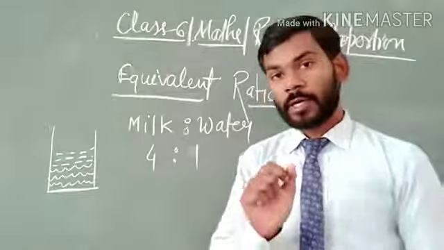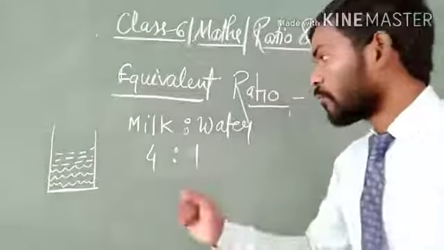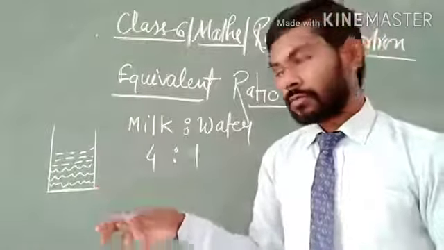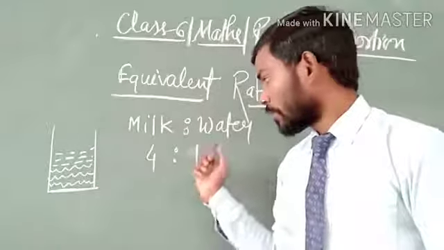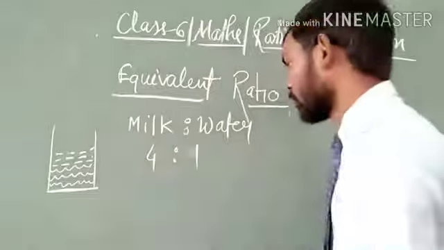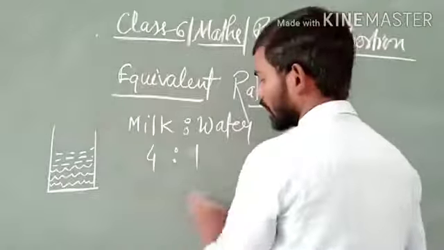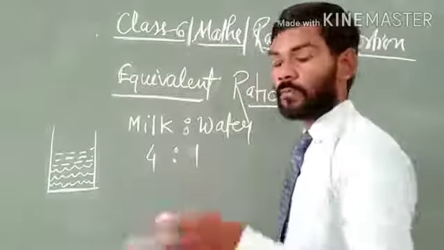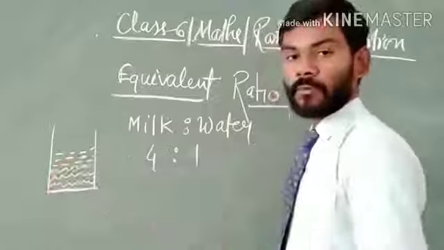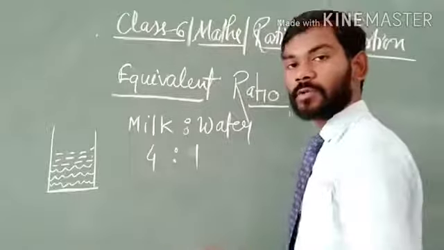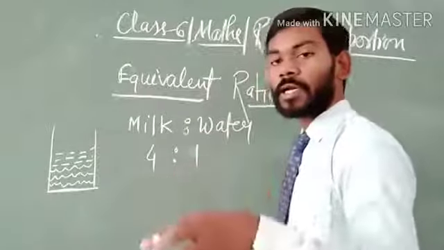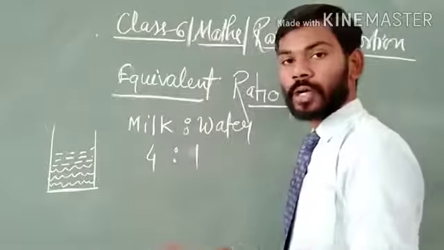Now if I want to add twice as much water in comparison to the first, suppose they are in liters, then I also have to add twice the amount of milk.